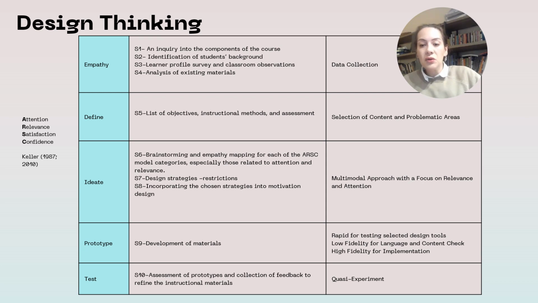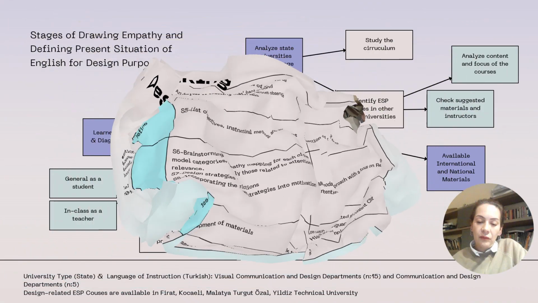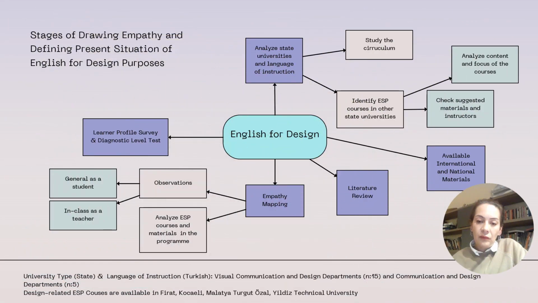Also we made use of the motivational design steps. And for empathy and define stages, and also for the first 5 steps of the motivational instructional design model, we try to collect data through literature review.